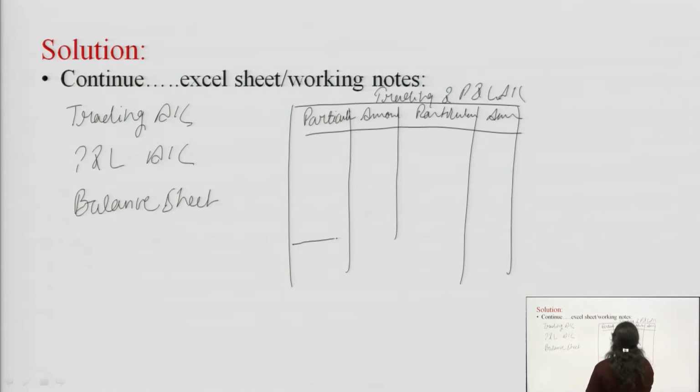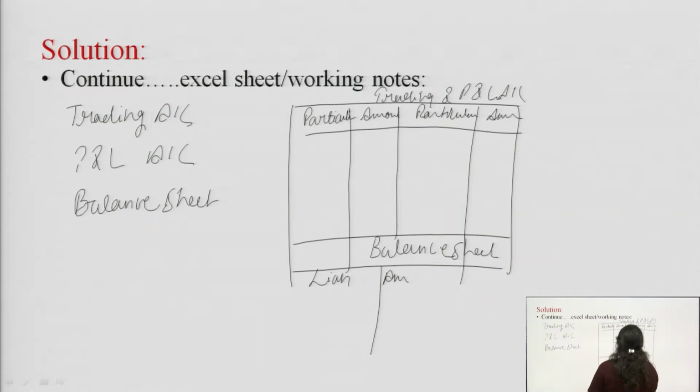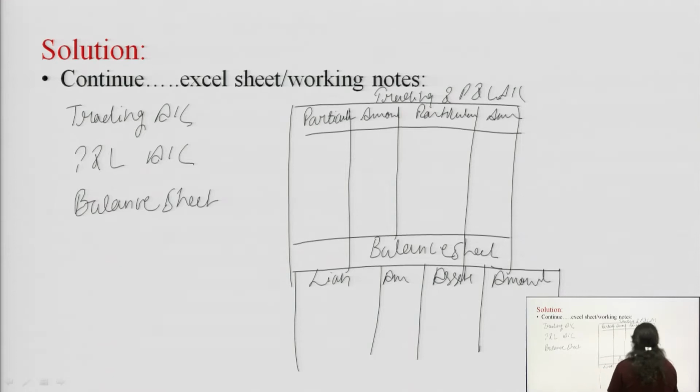For the balance sheet, we have liabilities, the amount column, the asset side and the amount column. You might have practiced this, as I have already shown in my earlier lecture how we prepare all these statements manually.